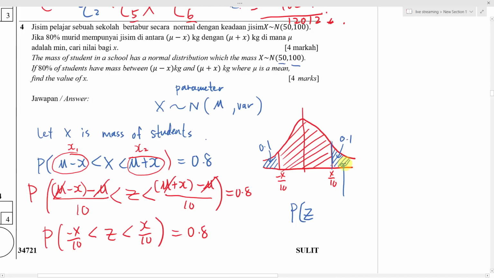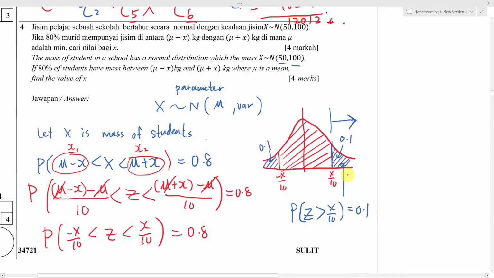This area over here is from this line going this direction, isn't it? If I go in this direction, I copy this symbol, bigger than x over 10, because this is x over 10. So it's bigger, so it's going that direction. Okay, so it is 0.1, because that area is 0.1.